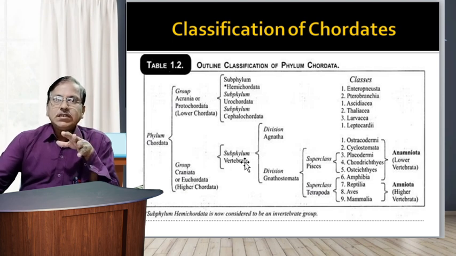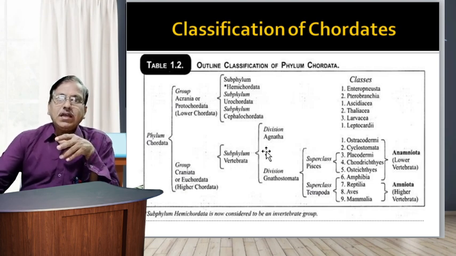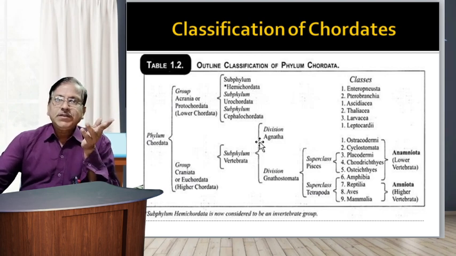Next, the subphylum Vertebrata is divided into two groups: first is the Agnatha, second is the Gnathostomata. In Agnatha, A means absent and Gnatha means jaw, so jawless animals are included in this division.